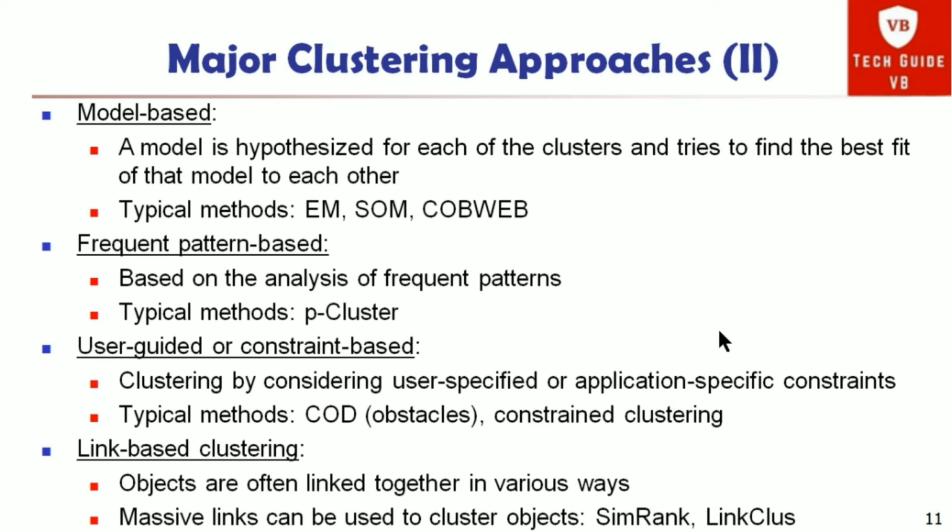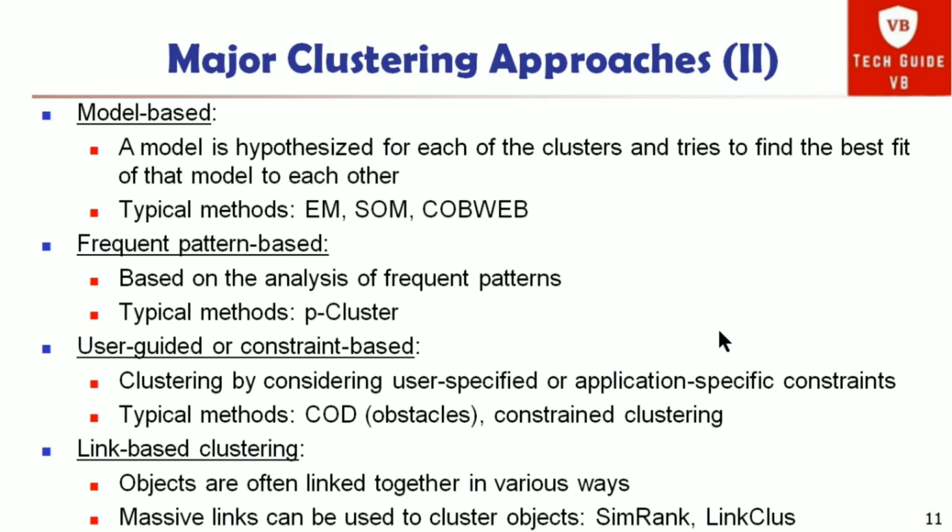Then the fifth approach is the model-based approach, the sixth is the frequent pattern-based approach, the seventh is the user-guided or constraint-based approach, and the eighth is the link-based approach.